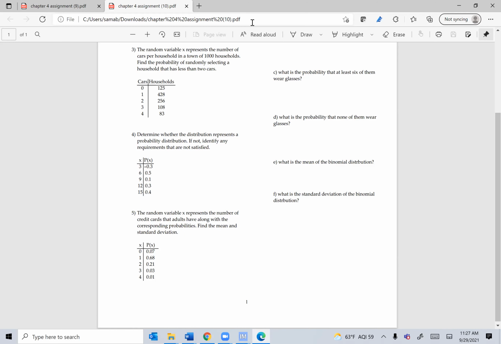Number 5, find the mean of the probability distribution. We did work on the formula, guys, for the probability distribution. Let me just write the formula down to remind you again. That's the formula: the sum of x times p of x.